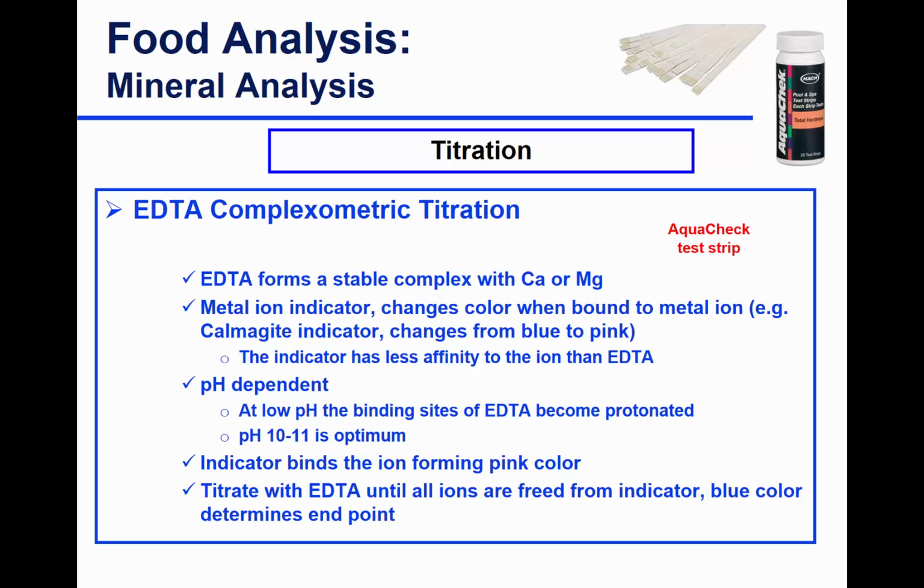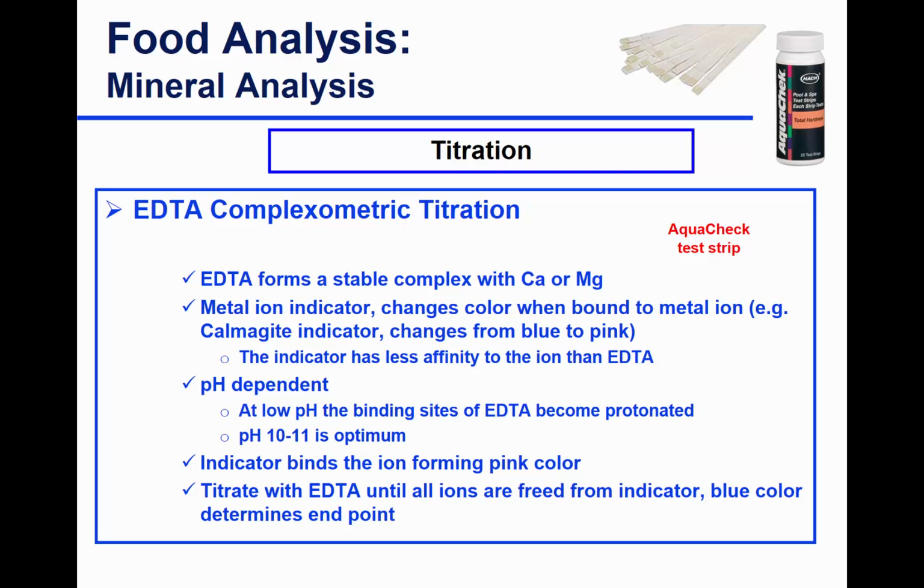This is an example where we have to control pH. At low pH, the binding sites of EDTA become protonated. If they're protonated, they won't be able to bind any positively charged calcium or magnesium. That's why the pH needs to be high in this particular reaction.